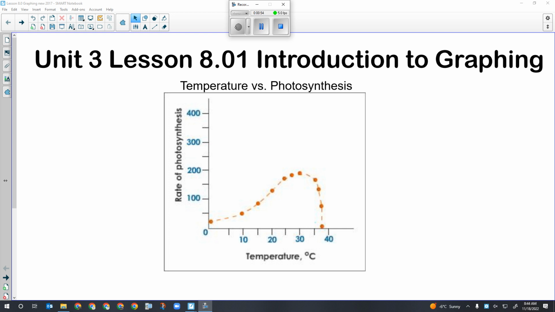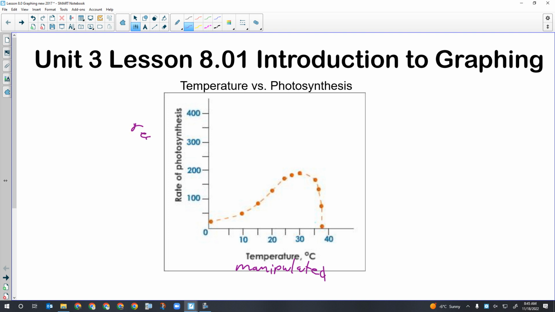All right. So what's the purpose of a graph? Why do we use graphs? Yeah, to show the relationship between different data sets. Okay, most of the time it's between the manipulated variable and the responding variable.